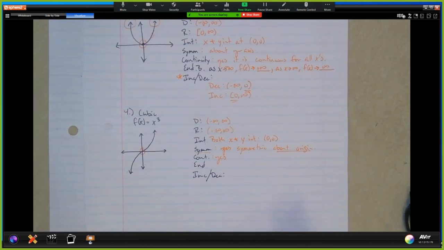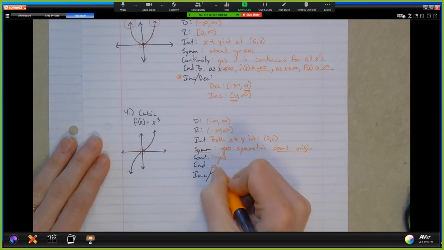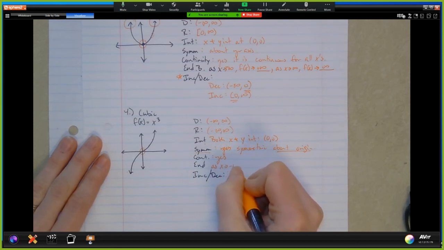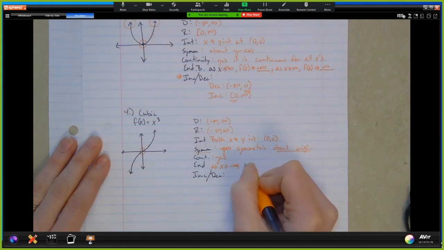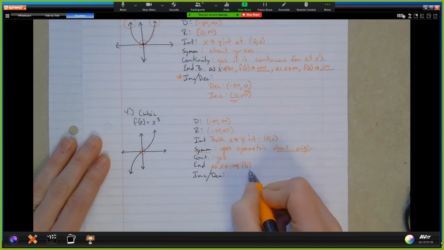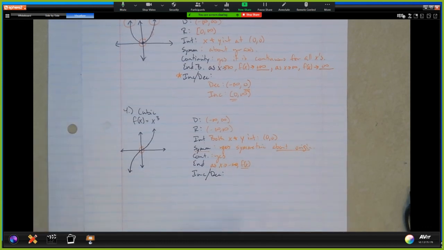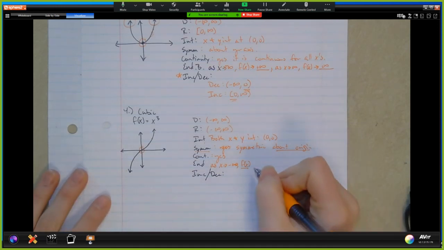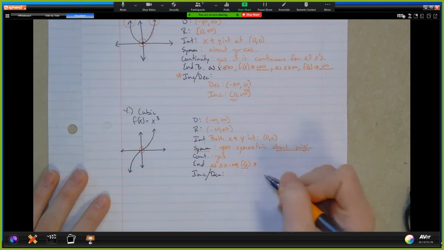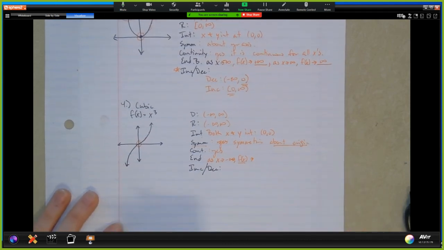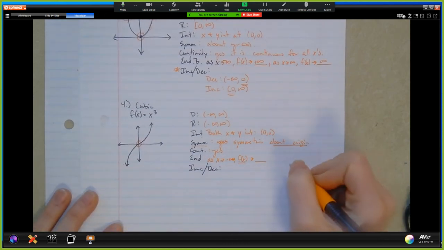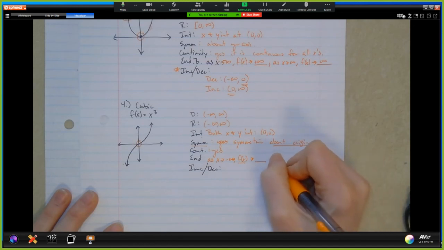Okay, and behavior, as x goes to negative infinity, where does our function go? And keep in mind, f of x could be replaced with y. You can see both answers in this case. So as x goes to infinity, where does y go to? Or where does f of x go to? So either drop it in the chat or unmute. What would you say your answer is there?